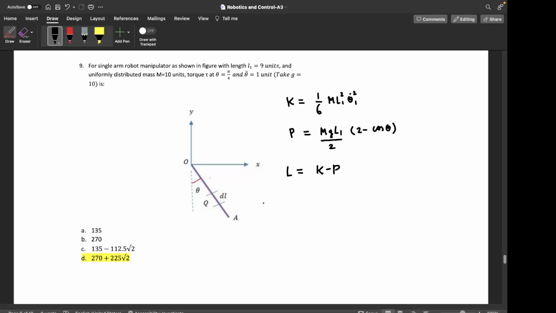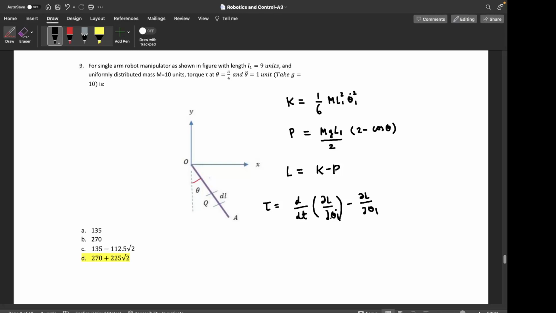So equations of motion will be given by tau is equal to d by dt of del L by del theta 1 dot, minus del L by del theta 1, right?